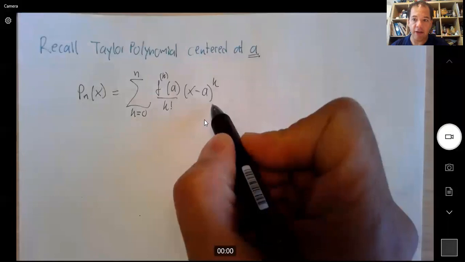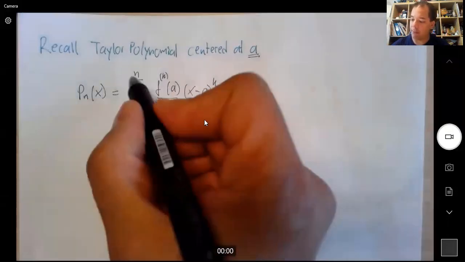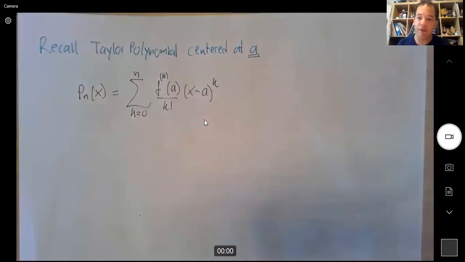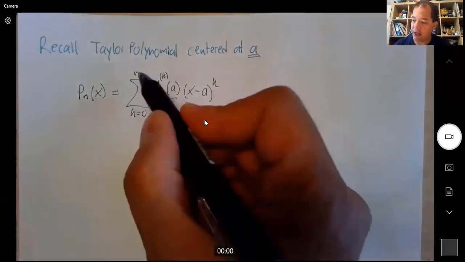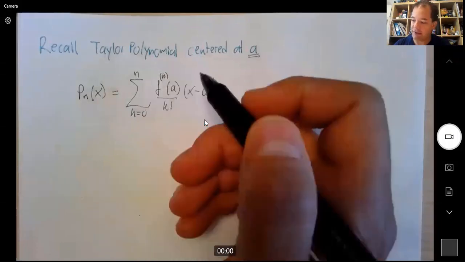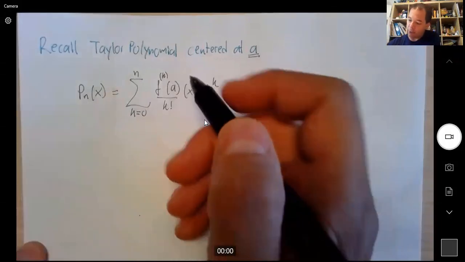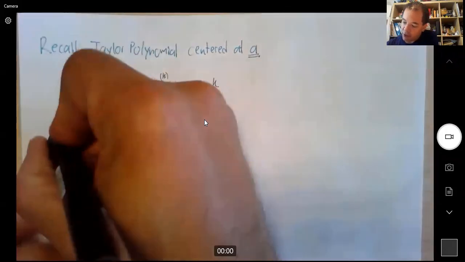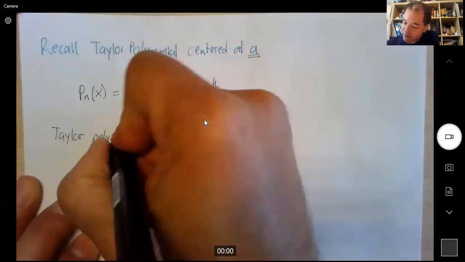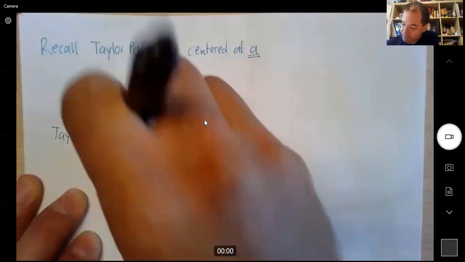And then the idea is, well, what if we don't stop at degree n, but we consider instead the power series we would get if we let n go all the way to infinity. And that's exactly what we're going to call the Taylor series, no, not polynomial.